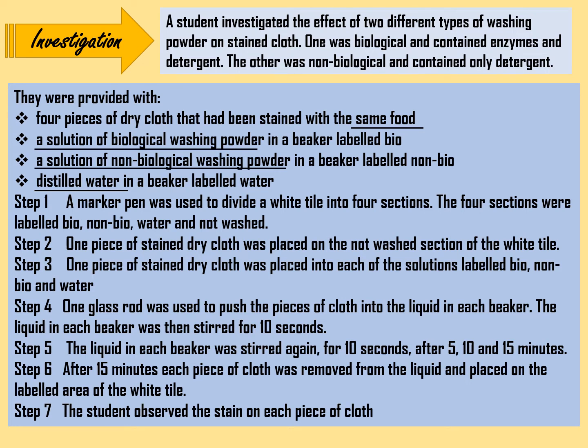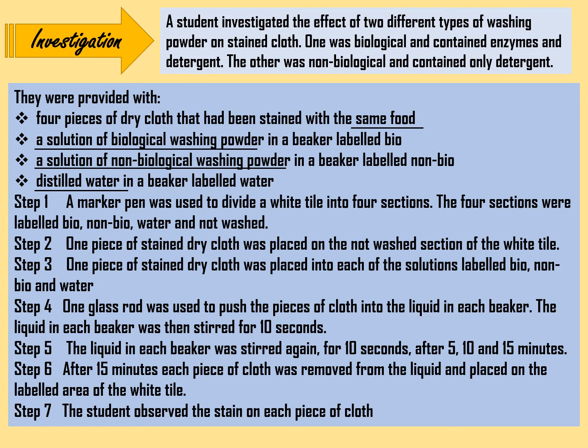Further, we are moving toward the different steps. You're supposed to read them carefully. In step number 1, a marker pen was used to divide the white tile into 4 sections. These 4 sections were labeled bio, non-bio, water and not washed. One piece of the stained dry cloth was placed on the not washed section of the white tile.